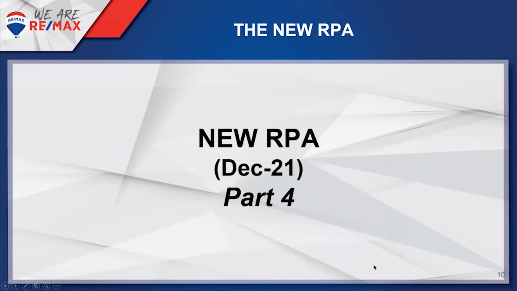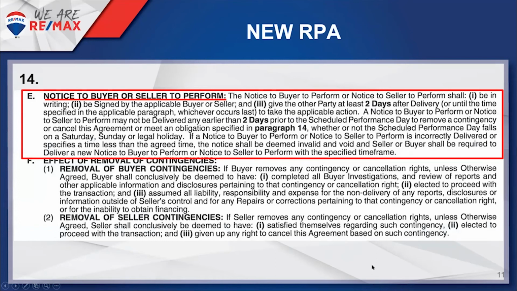This is part 4. So the first thing I want to talk about is paragraph 14E, notice to buyer or to seller to perform. For the most part, it starts out pretty much the same as what you're very familiar with. A notice of buyer to perform can be given, but it cannot be given more than 2 days prior to the scheduled performance day.